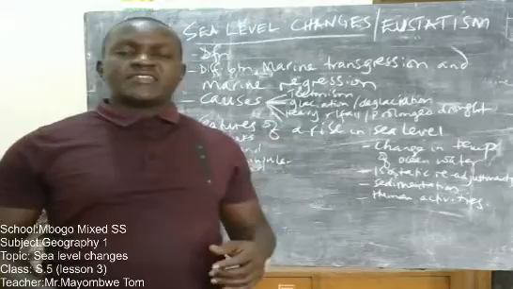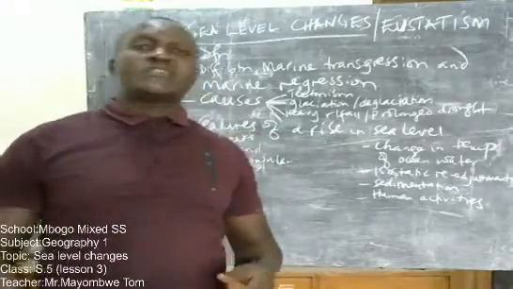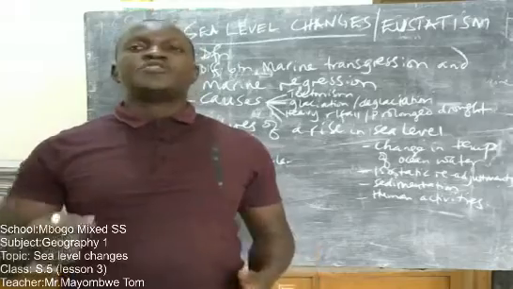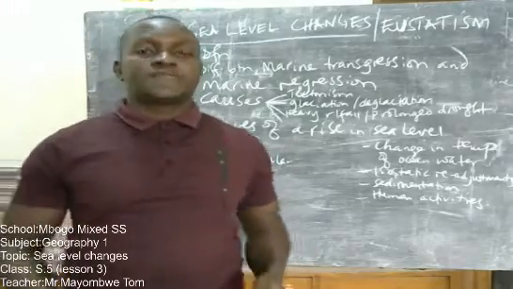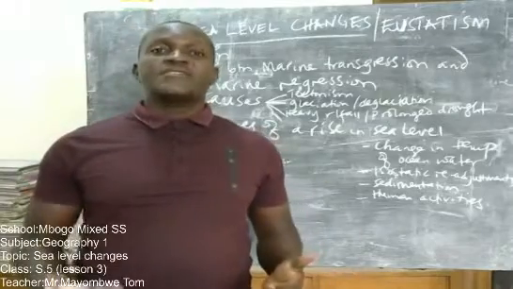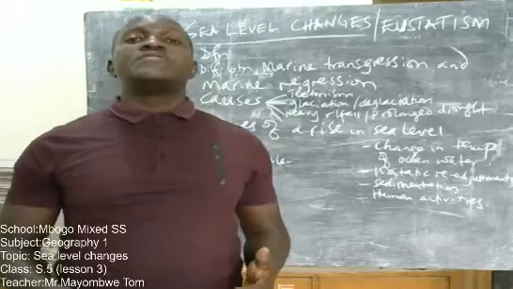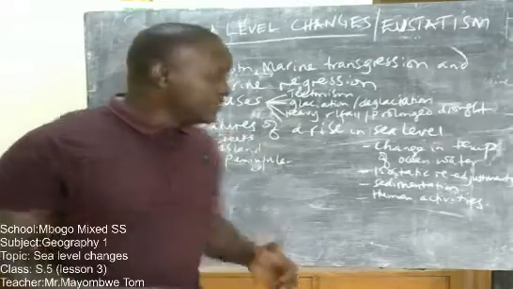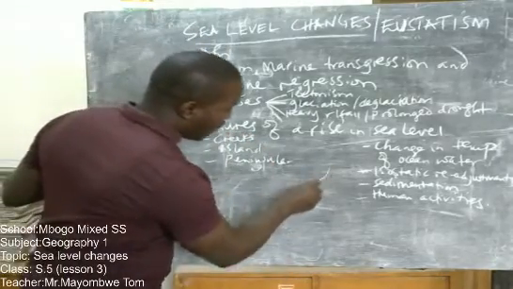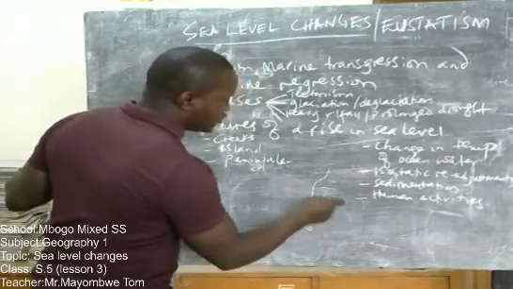A rise in the sea level is also known as positive eustatism or positive sea level change. When a rise in the sea level occurs, there is a submergence of the coastal features. If this is our coastline, this is water.